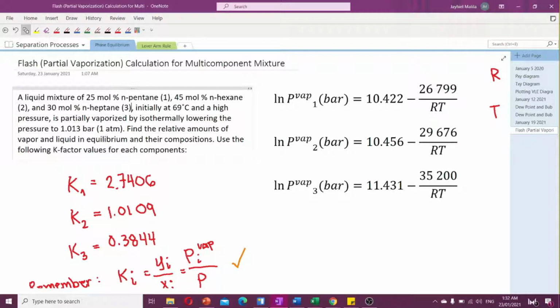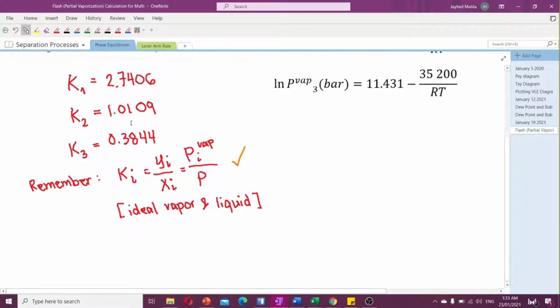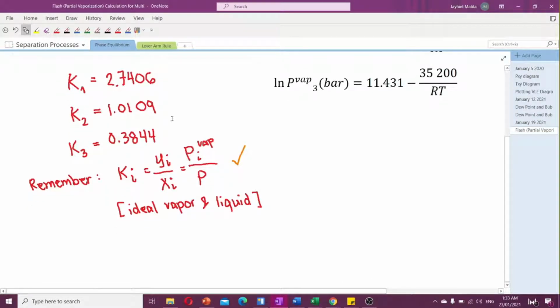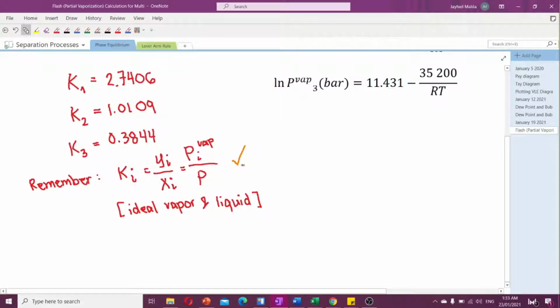So our goal is to find the relative amounts of the vapor and liquid in equilibrium, and of course the compositions. So we use the following K factors, and the assumption here is that the vapor and liquid phases are in ideal state. So the K factor is related to Raoult's law by this equation over here.